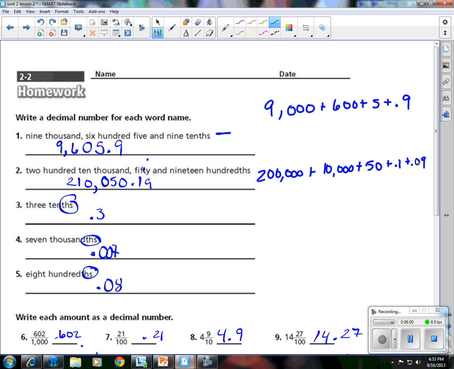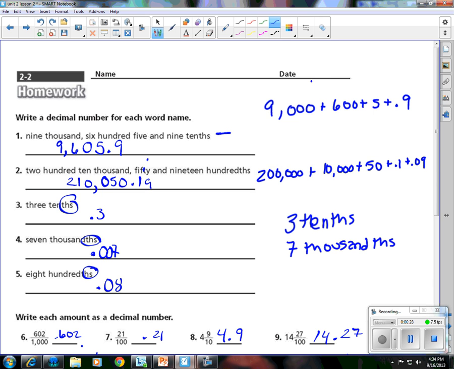Word format is literally writing everything out in words and then converting them into number format. Word and number format would be where you would say 3/10, oops, T-E-N-T-H, yes, 3/10, right? This is the number, there's the word format, so 7/1000 would be number word format.